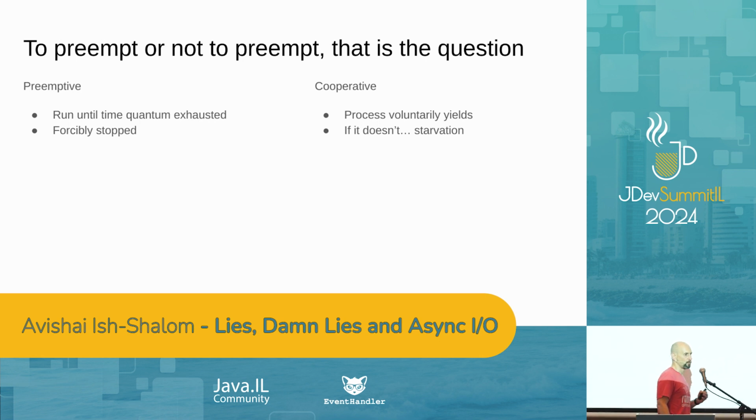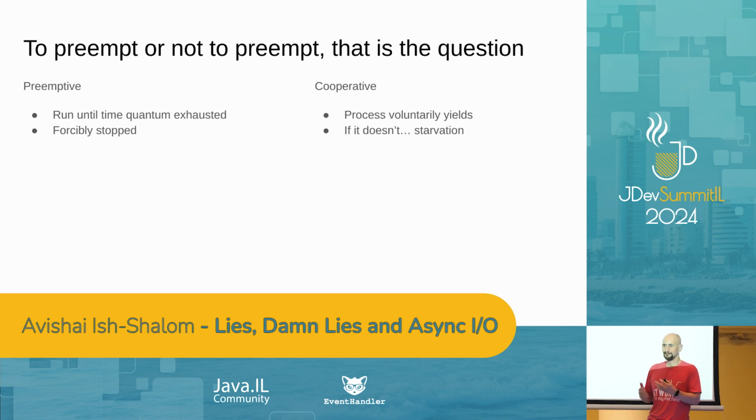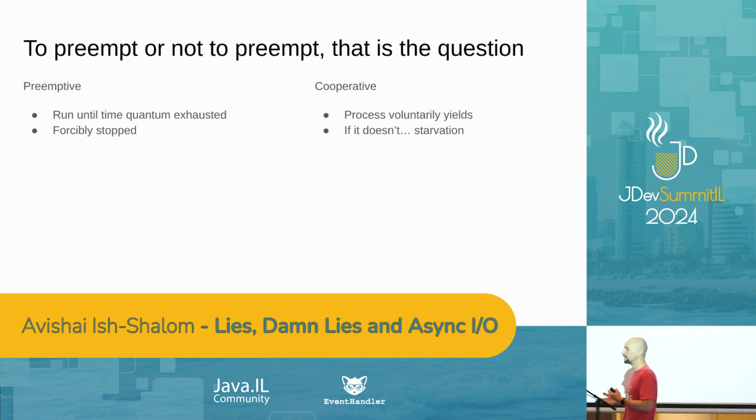But the problem is, what if a cooperative task doesn't play nice, doesn't yield, and if it doesn't give control back to the scheduler, there's no way for the scheduler to run other tasks. So the danger here is that one task can hog the resource for itself. And we actually see this in a lot of cooperative multitasking operating systems and frameworks. You have to program in a much more careful way when you're running on a cooperative multitasking system.